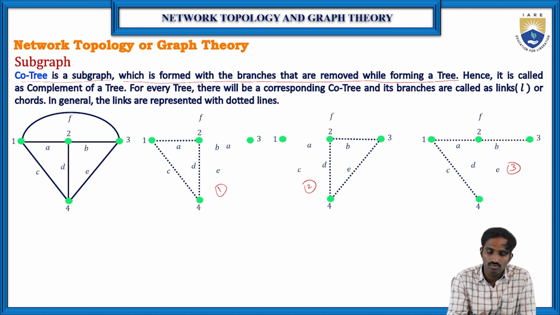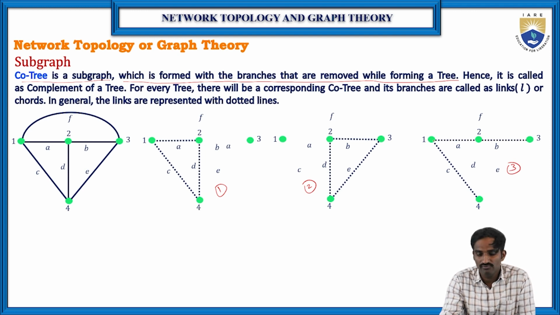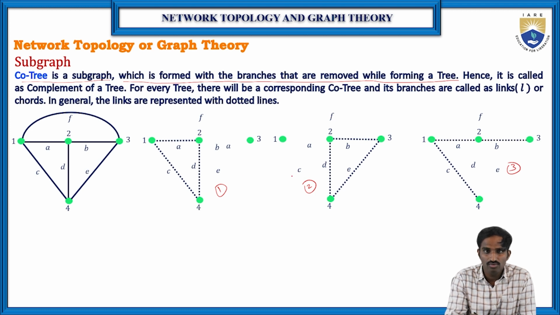Coming to the nodes also, it may or may not consider all the nodes, because in the first and second co-trees only nodes 1, 2, 4 are considered, but in the third co-tree all the nodes 1, 2, 3, 4 are considered. So there is no condition that it should contain all the nodes or that it should or should not have a closed loop.